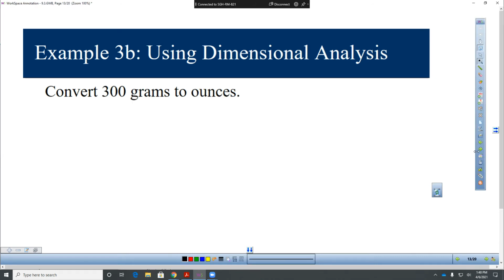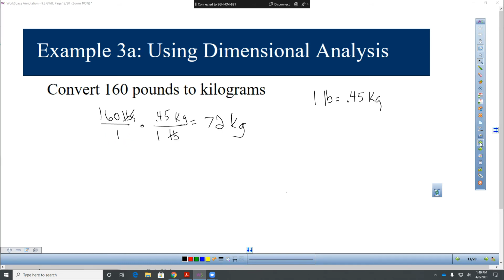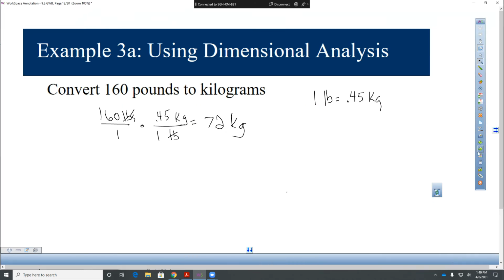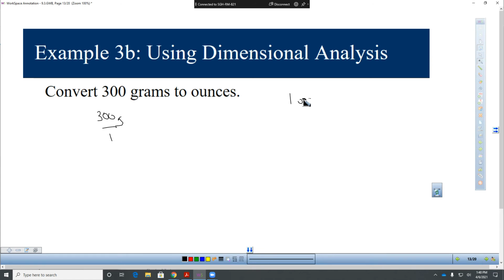All right, dimensional analysis. No problem. 300 grams to ounces. So we've got 300 grams over 1. We've got to find our conversion. 1 ounce is 28 grams.